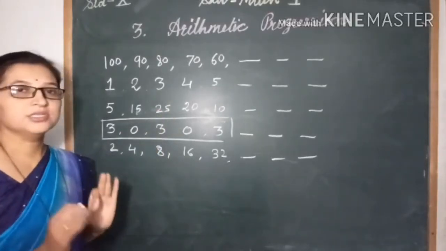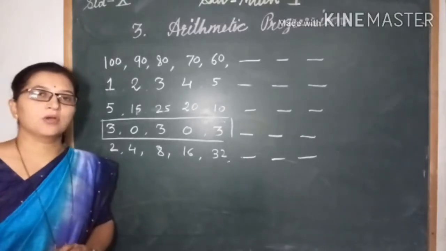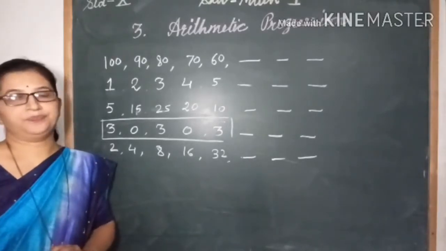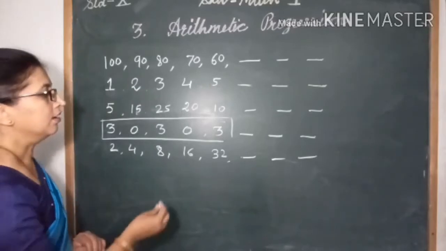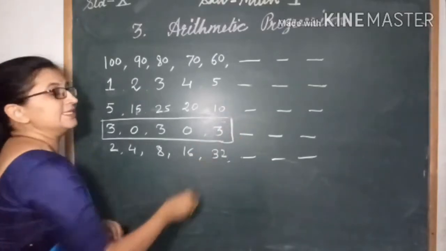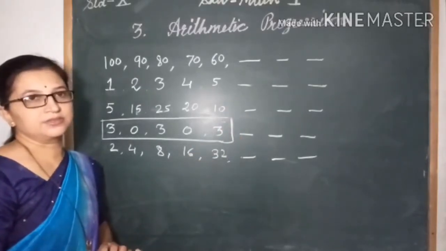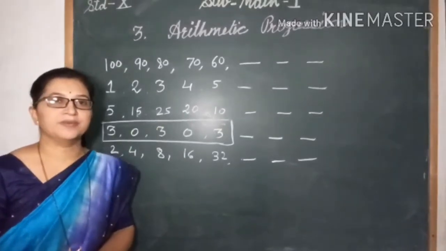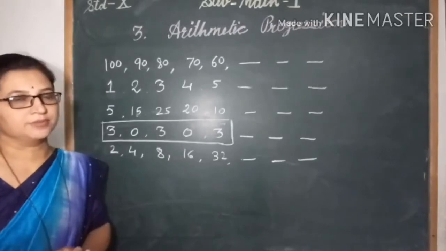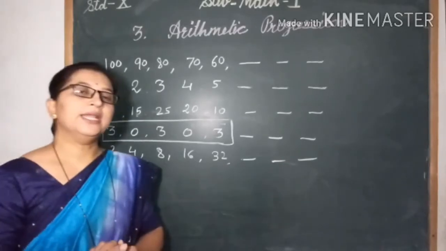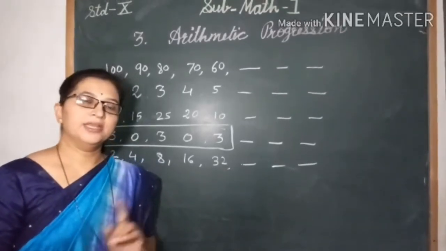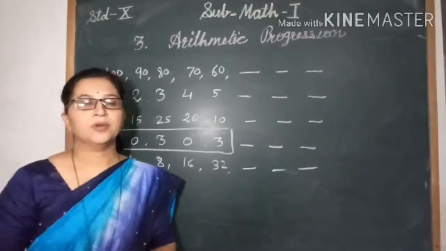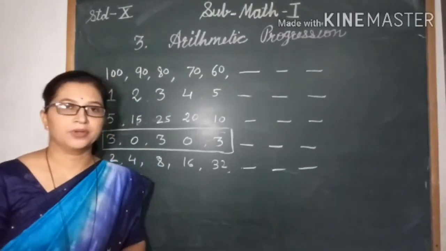Such types of sequences are called a progression. A progression is a special type of sequence in which there is a fixed relationship between any two consecutive terms. There are three types of progression: arithmetic progression, geometric progression, and harmonic progression.